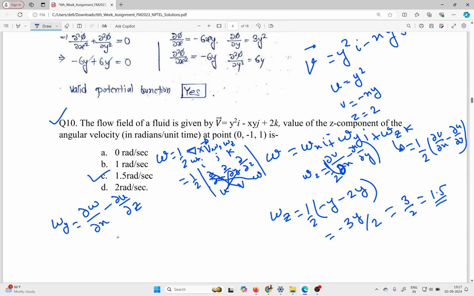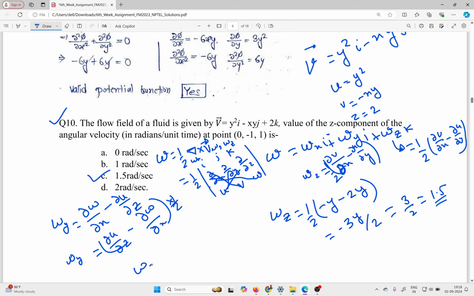For incorporating this, you multiply with this, then your del u by del z will come forward, and del w by del x back. So a little bit of change here. So this is your wy, that is half. Here half will be there.